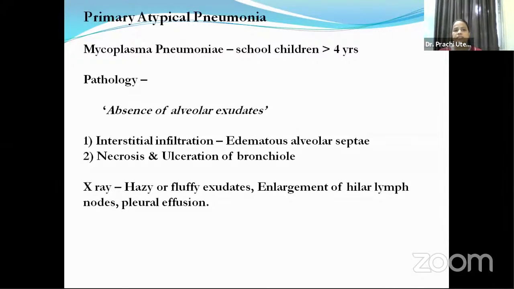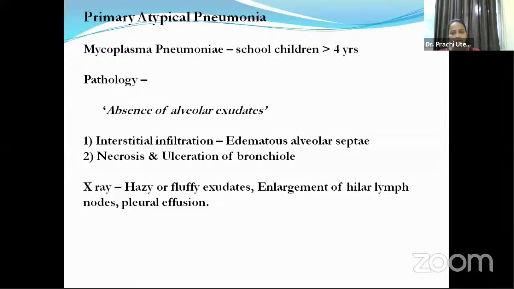Primary atypical pneumonia is another variety. The responsible organism is Mycoplasma pneumoniae. It is seen in school children more than 4 years. And here there is absence of alveolar exudates, and interstitial infiltration is seen, and necrosis and ulceration is seen. So in atypical pneumonia, usually the fever is not much present.